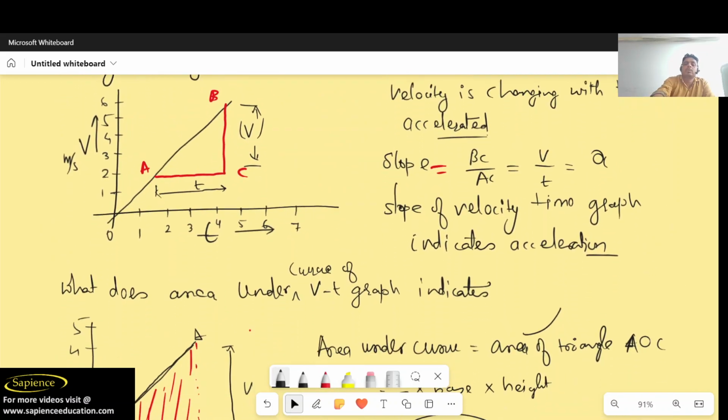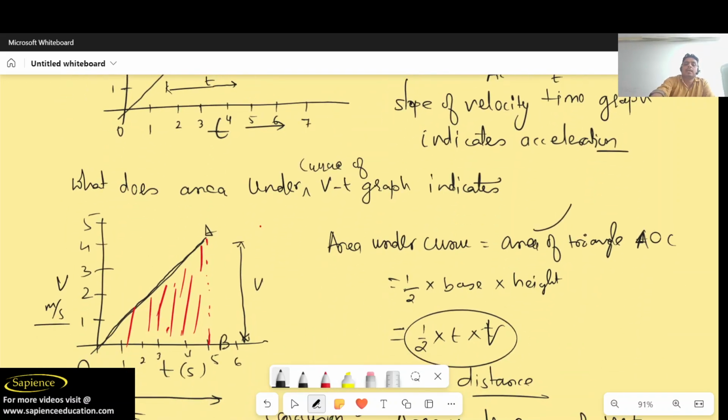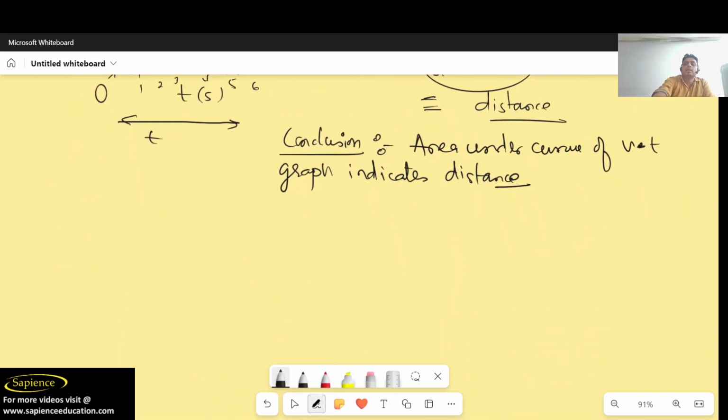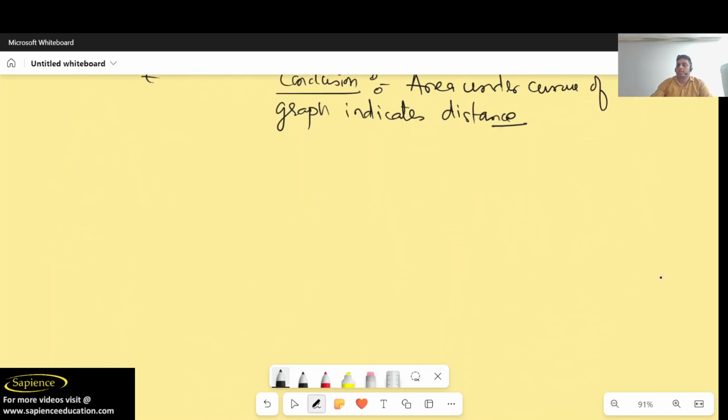One conclusion is that slope indicates acceleration, and the area under this curve indicates distance. The unit of distance is meter. Or you can simply say that since it is velocity times time, you can replace distance by displacement also.